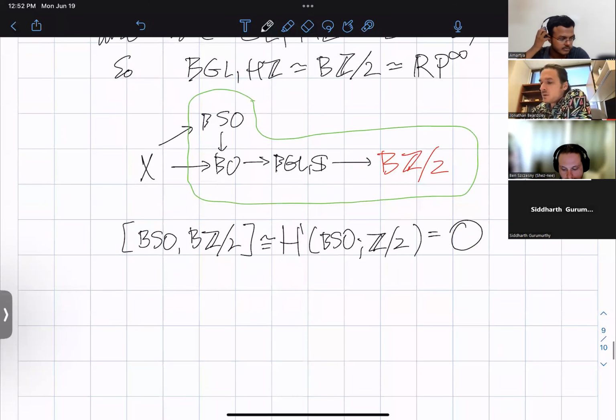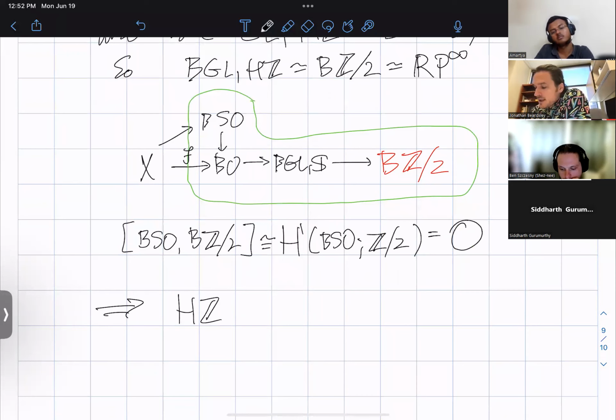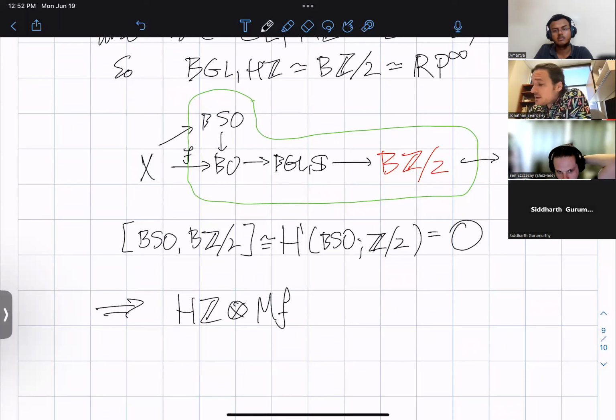So if X is oriented, or if F is oriented, this implies that HZ tensored with MF, because of course now I'm going to take the colimit into L mod HZ, and that's going to give me some Thom spectrum.